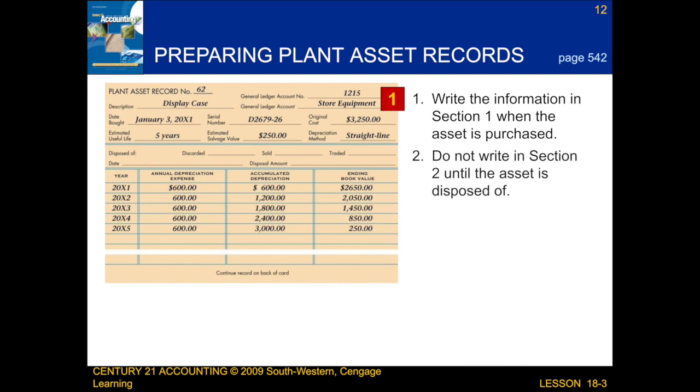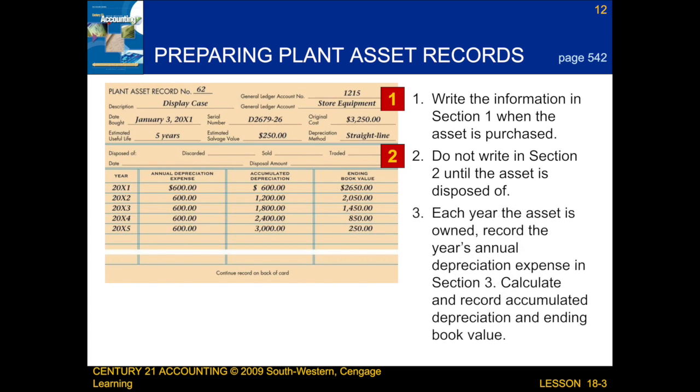Next, we do not write in Section 2 until the asset is disposed of. And finally, each year the asset is owned, we record the year's annual depreciation expense in Section 3, and then we calculate and record the accumulated depreciation and also the ending book value.